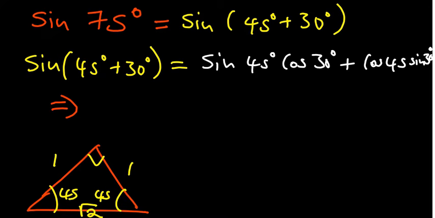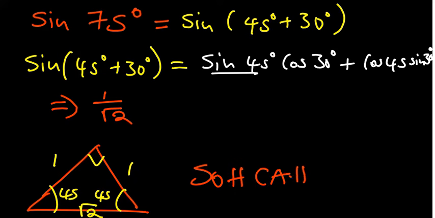So if we're trying to find sine 45, the good part about a 45-45 triangle is the adjacent and the opposite are one and the same. So therefore sine 45 is going to give us 1 over root 2, since SOH CAH TOA tells us sine is opposite over hypotenuse.